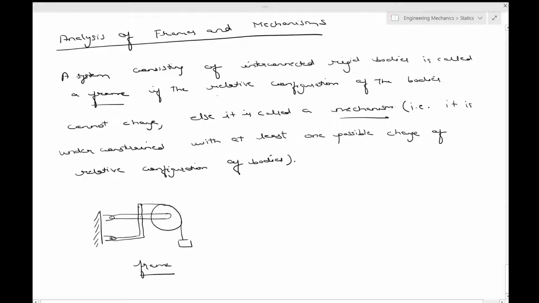The relative configuration of the bodies in this do not change.